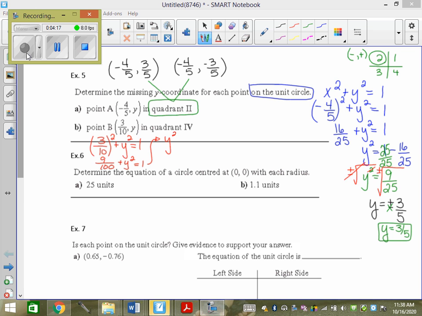And we get y squared equals 1 minus 9 over 100. 1 is just the same for common denominator. 1 would be 100 over 100. So y squared equals 91 over 100. And then you take the square root, you take the plus or minus. So this is where grade 10 comes in. y equals plus or minus root 91 over 100.